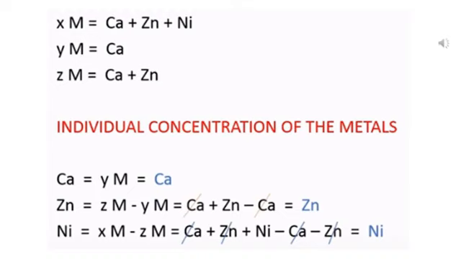Here calcium and calcium will cancel out and zinc will cancel out, and only nickel will be left. So the individual concentrations of metals can be found by this formula.